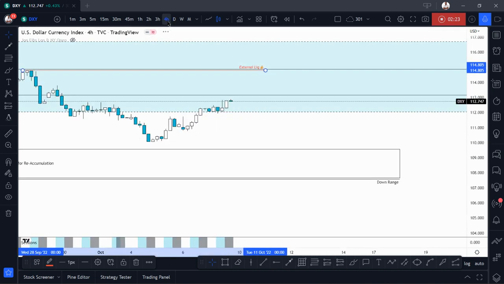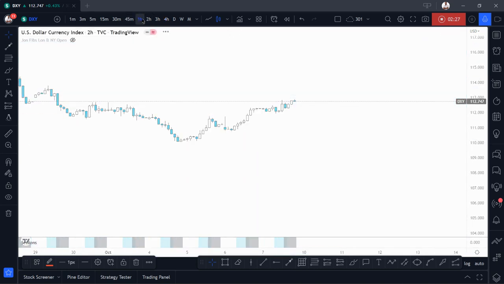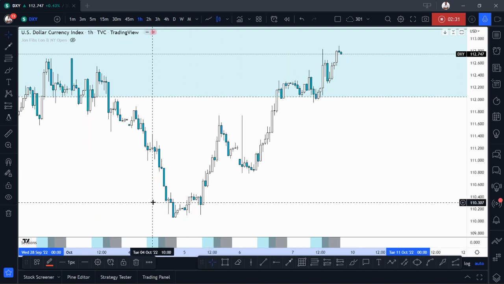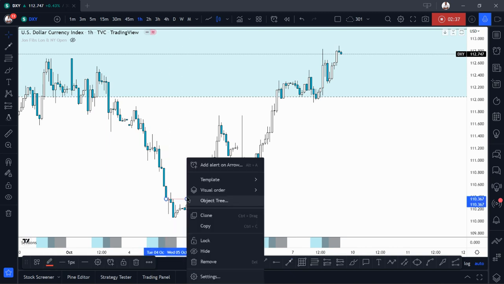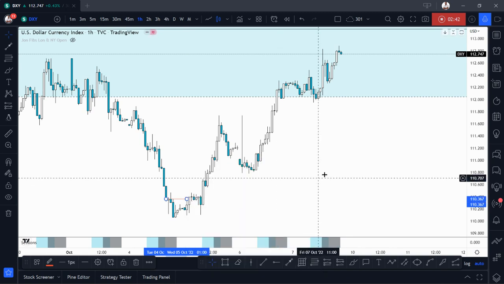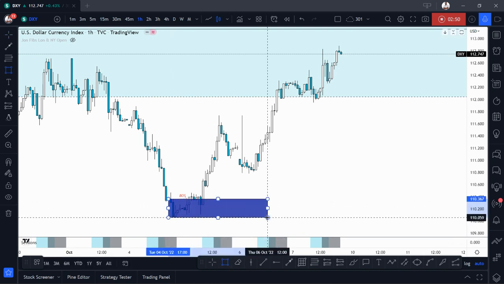And looking at the 4 hour, you can see how on lower time frame we did accumulate. Let's see on 1 hour precisely. You can see how we broke the structure here. We accumulated, we did re-accumulate out of that position there when price came into that zone.